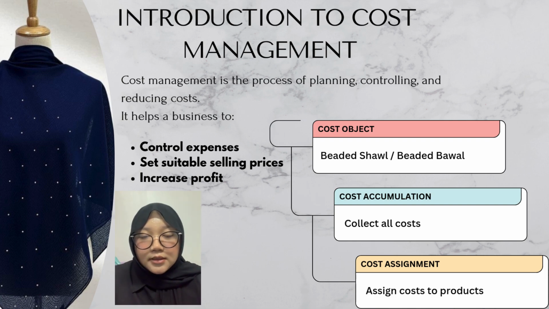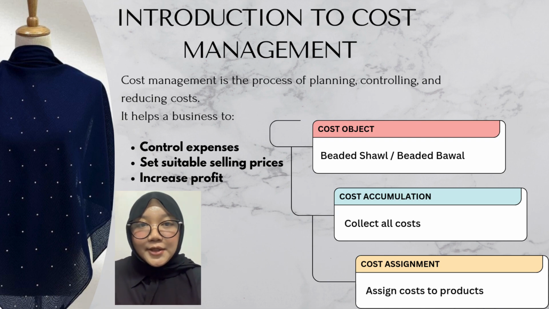It is important because the selling price must be high enough to make profit but still affordable for customers. Third, cost management helps increase profit by reducing unnecessary spending and also avoiding wastage.